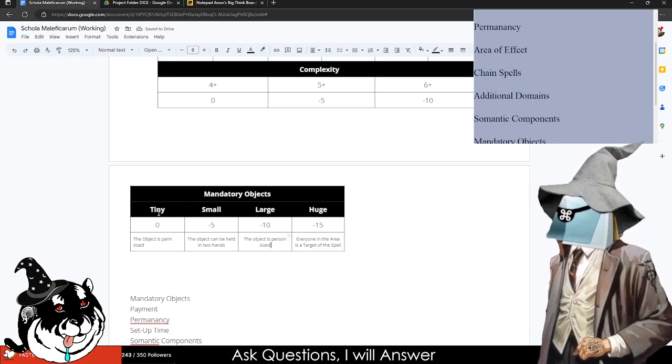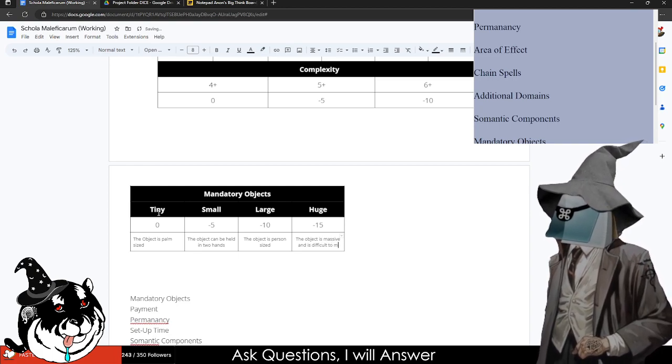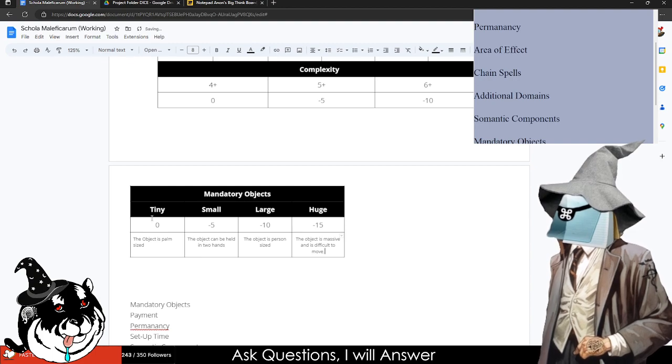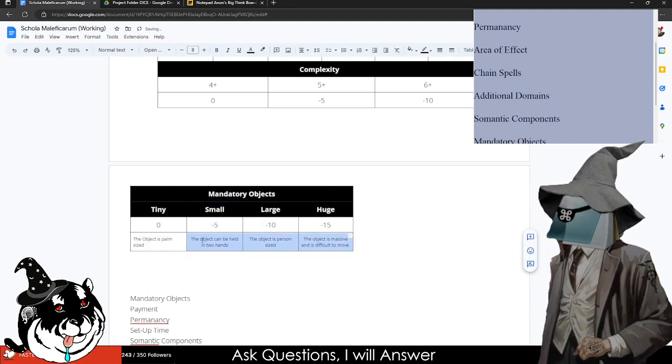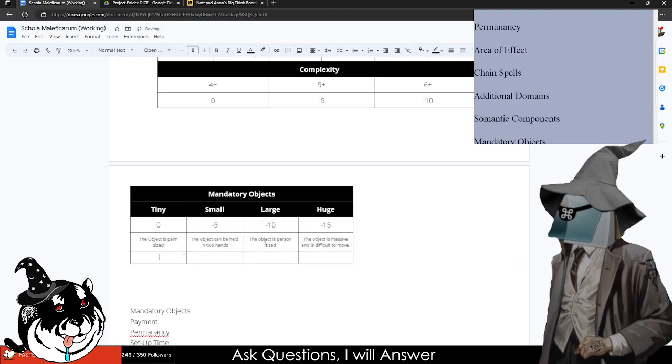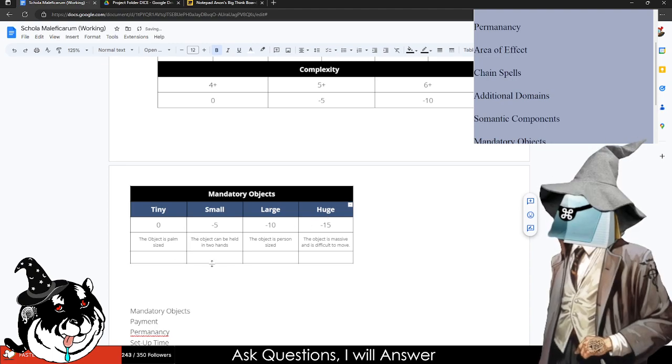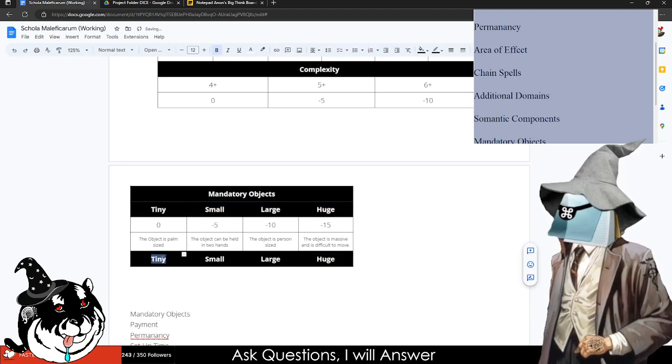You're not carrying it, you've got to get a friend to help you out with this. The object is massive and requires help. Do something like this.